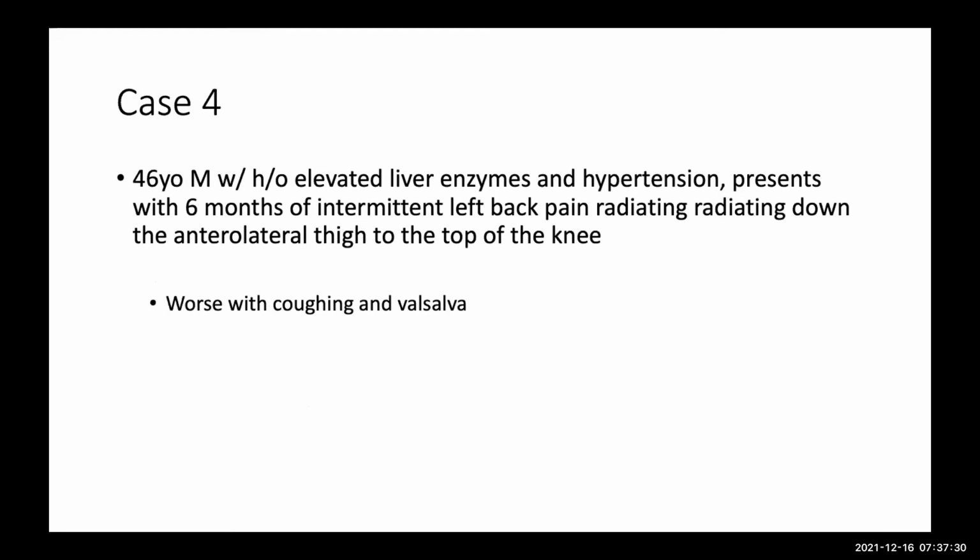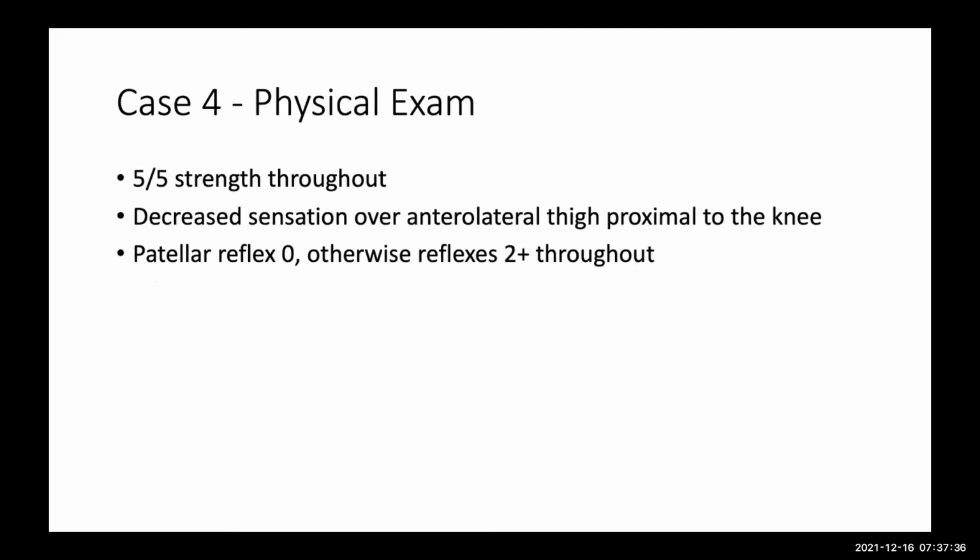And of note, it is worse with coughing and Valsalva. He was actually referred to us by the Palm Beach VA. He's a veteran. On exam, he had 5 out of 5 strength, but decreased sensation over the anterolateral thigh, proximal to the knee. Patellar reflex was 0, but otherwise reflexes were 2+ throughout.